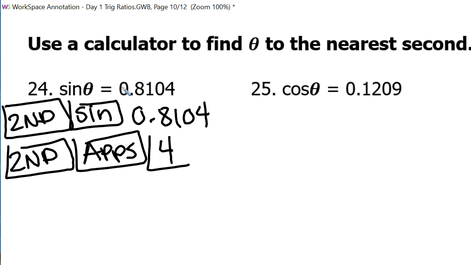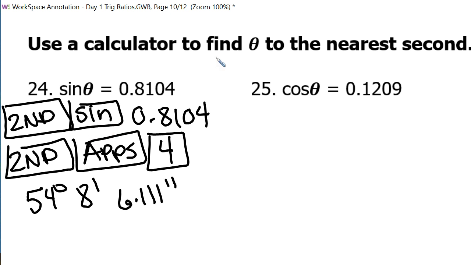And when I hit enter, let me write down what's on the screen. After I hit enter, I have 54 degrees, 8 minutes, and my calculator said 6.111 minutes. Not minutes, sorry, that was seconds.